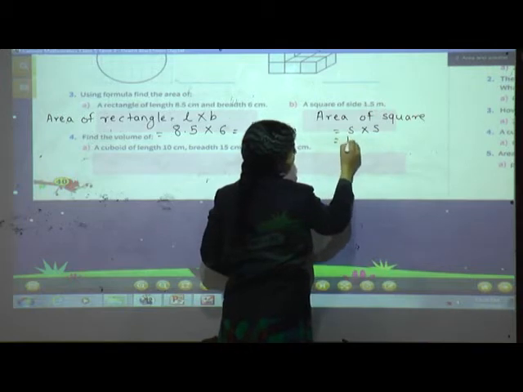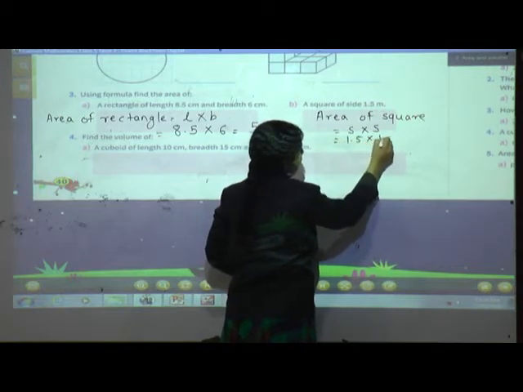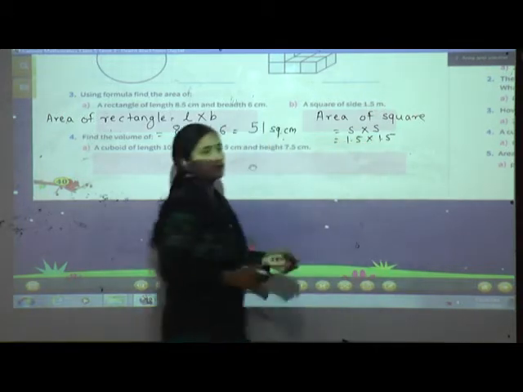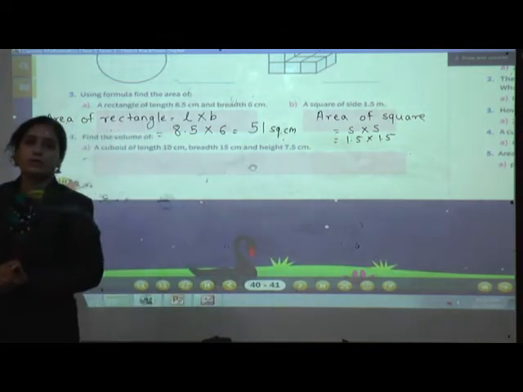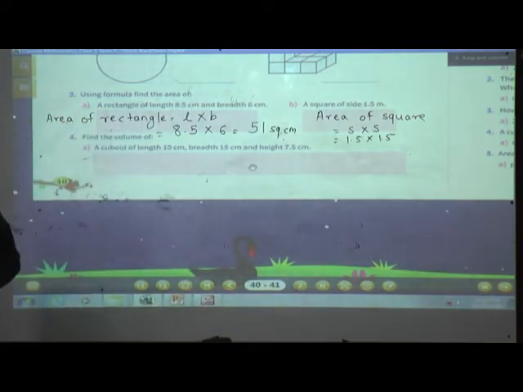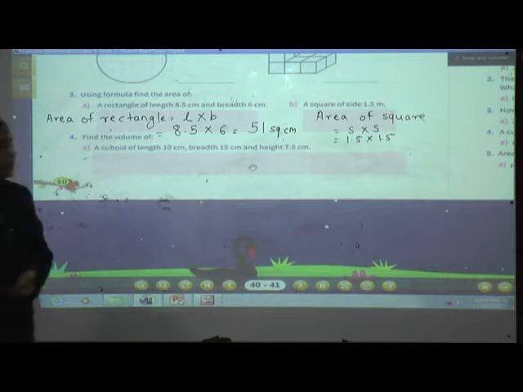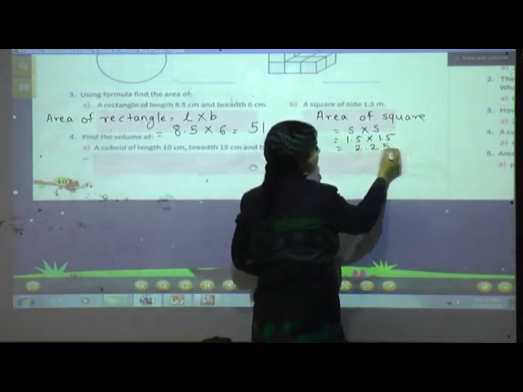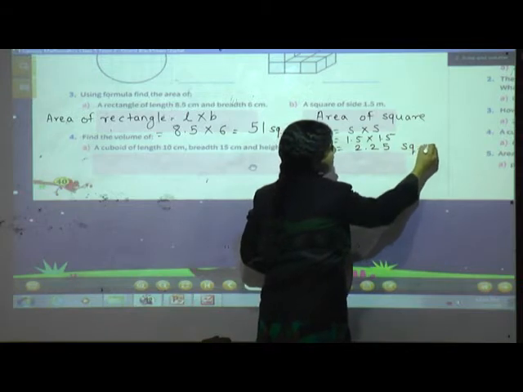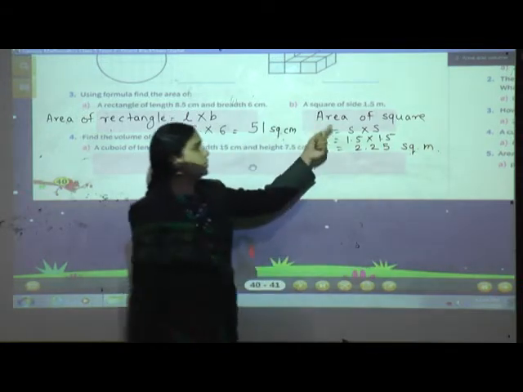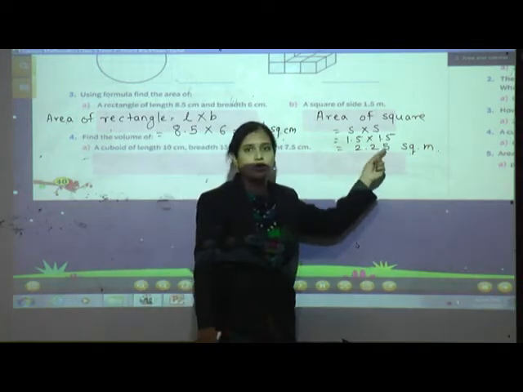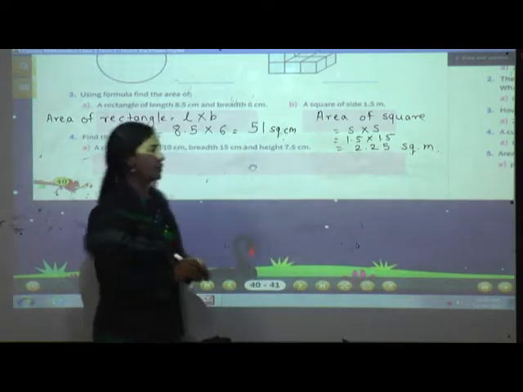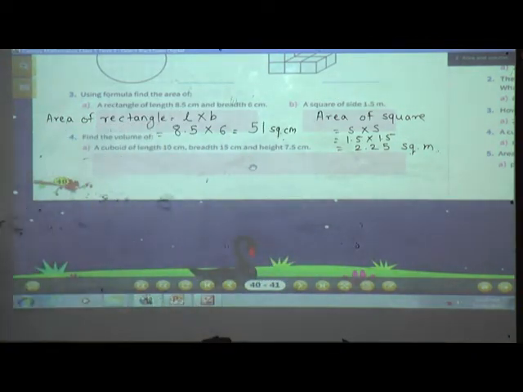So multiply 1.5 two times. What will you get? Do multiplication, students. Yes, you will get 2.25 square meter. So the area of square is 2.25. Very good, students.